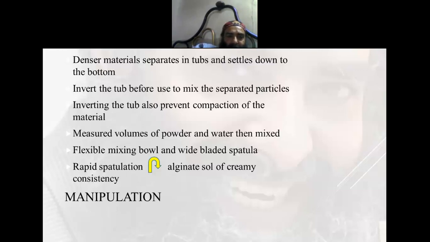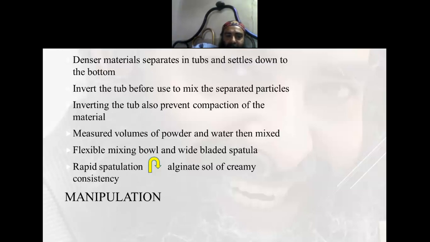For rapid spatulation, you have to spatulate it like stirring the sugar in your cup of tea. Spatulation is like this.